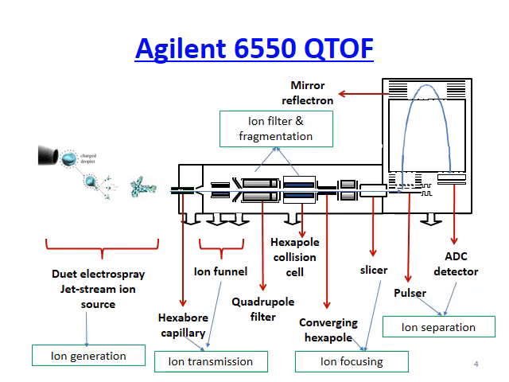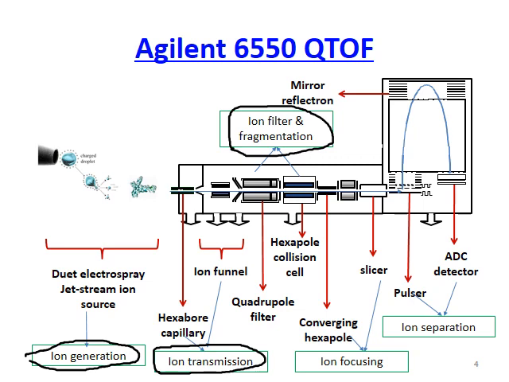Using the same figure, we are going to look a bit closer at the whole design of this Agilent 6550 QTOF. Roughly, it can be further divided into ion generation, followed by ion transmission. After that, ions are filtered and fragmented.